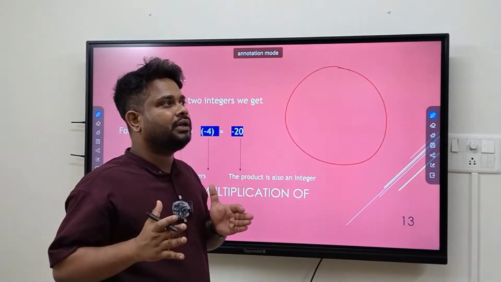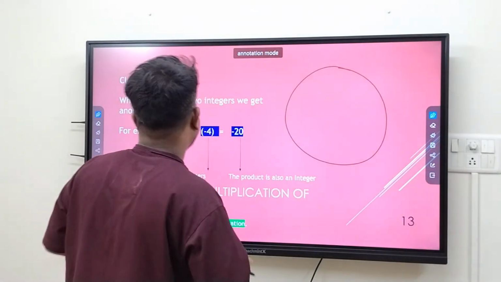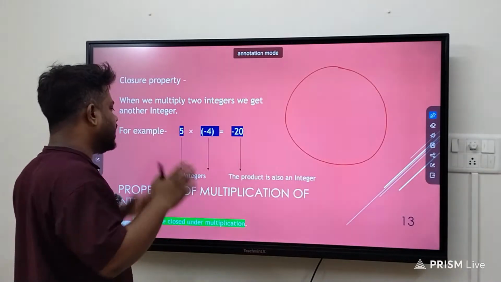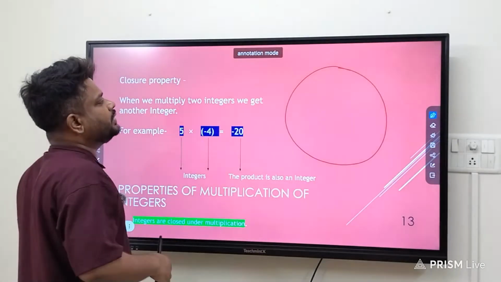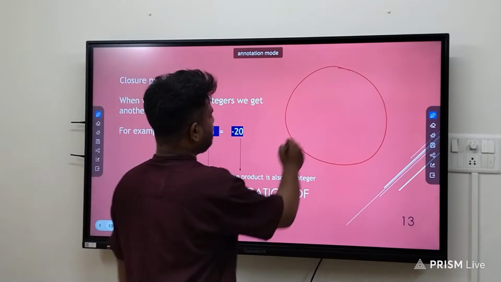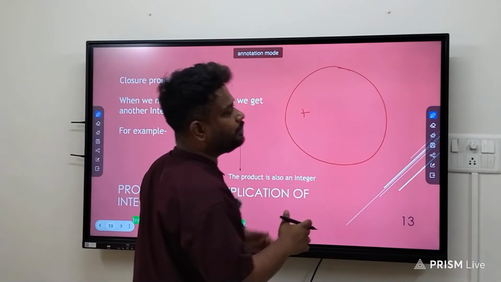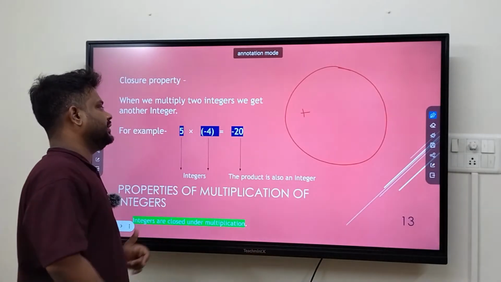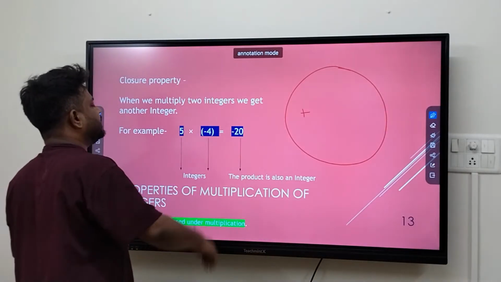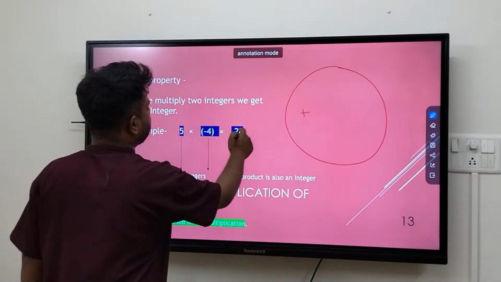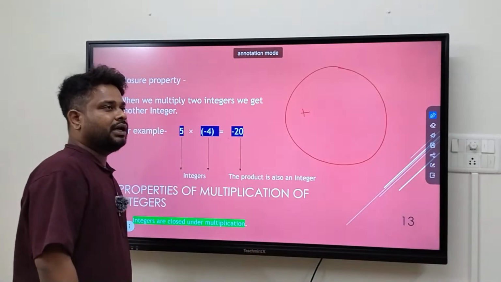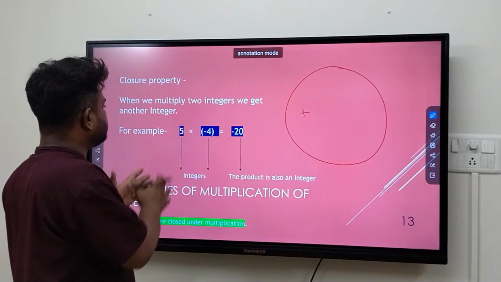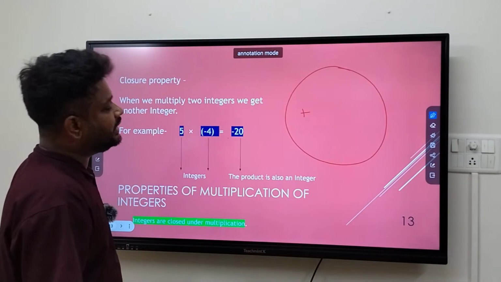It is the actual meaning of the closure property. Like if we are multiplying or adding two numbers, the answer will be from that set of numbers itself. Just like for the integers, 5 is an integer, minus 4 is an integer, the answer 20 will also be an integer. Okay, so this follows for multiplication and addition as well.